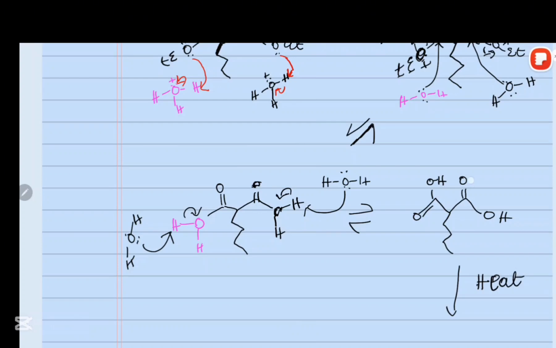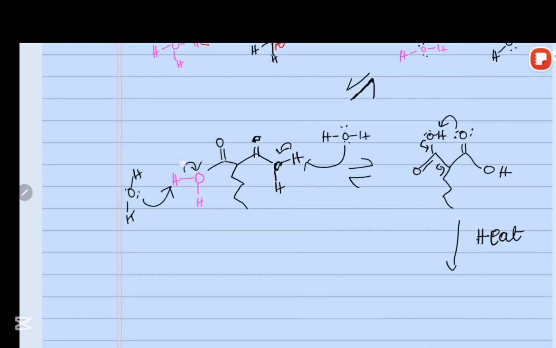So heating will make this oxygen grab the hydrogen, and then this will make the formation of another double bond between carbon and oxygen, expelling this bond. So the product which will be formed there will be carbon dioxide.